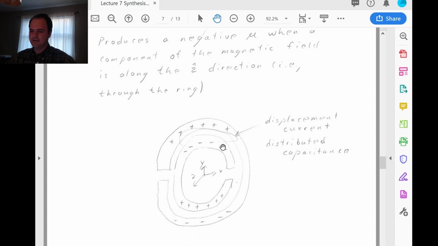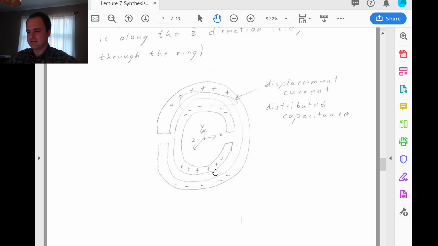So when you have negative up here, you have positive down here. And this is an effective dipole going from negative to plus. And so you have two electric dipoles here, and you have a magnetic dipole.